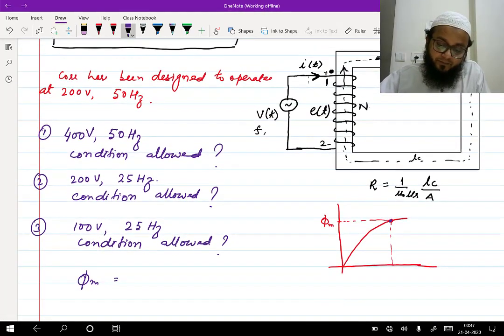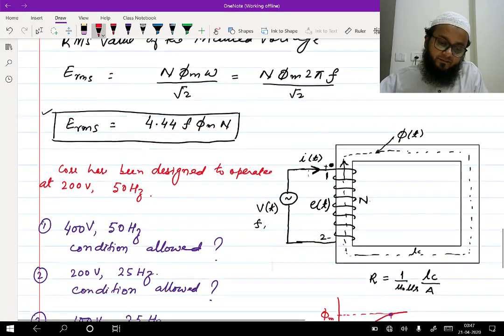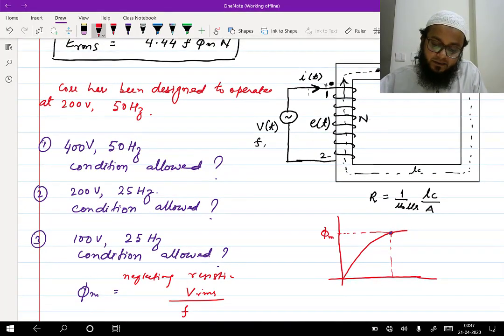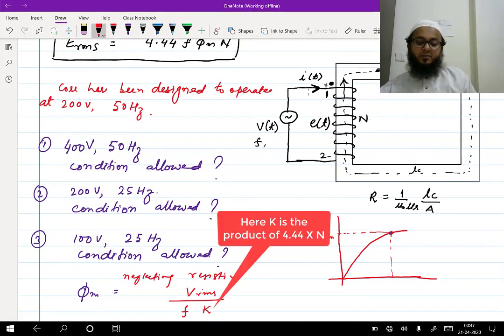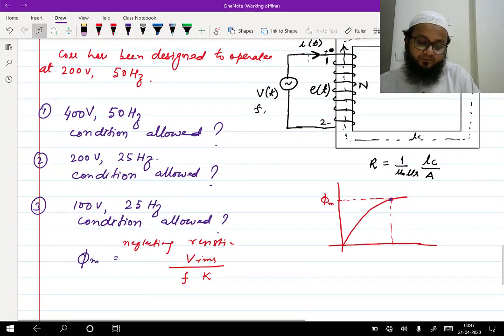Neglecting resistance, this would be the same as Vrms upon F, times some constant K, 4.44 and the number of turns, everything.